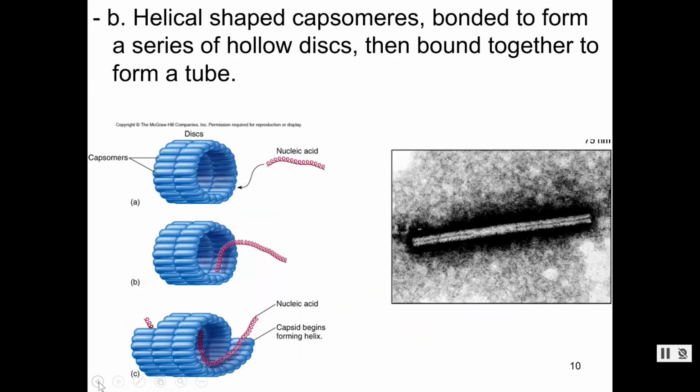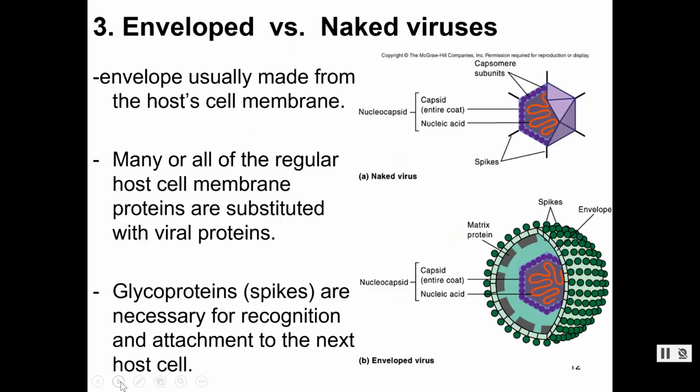If that's just a plain helical capsid, it's got to have some proteins that allow it to attach. If we have an enveloped virus, the very outside layer is the envelope, so there have to be some proteins put into this piece of host cell membrane that allow it to attach to the next host cell. These proteins are called glycoproteins or spikes.